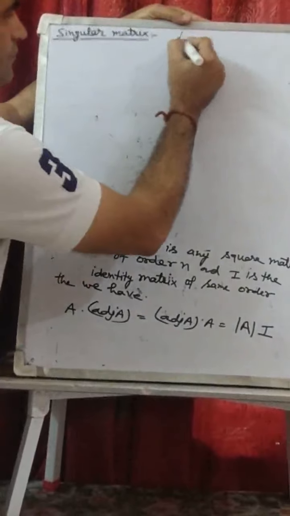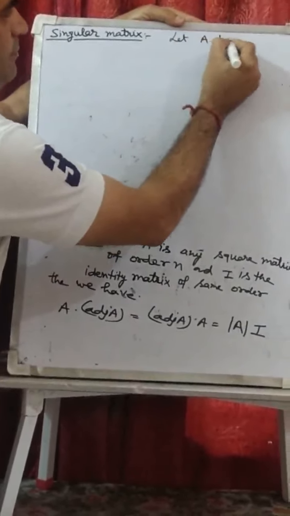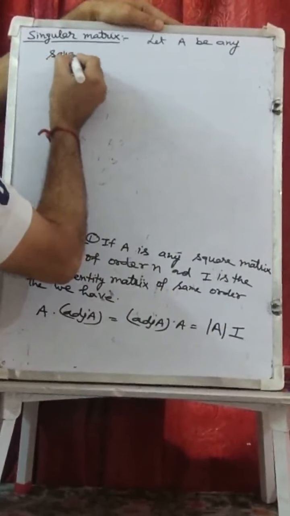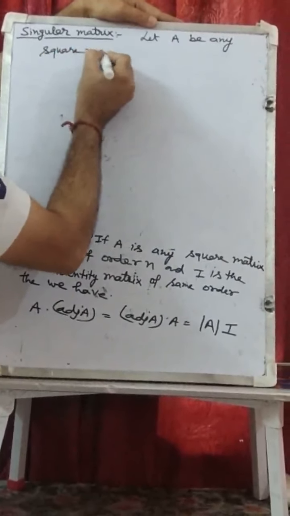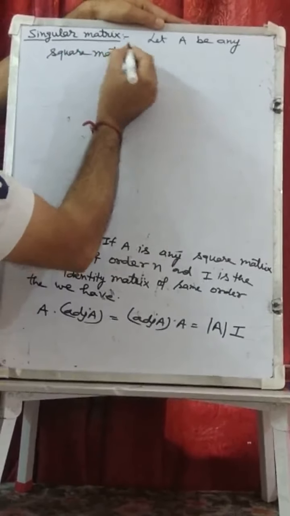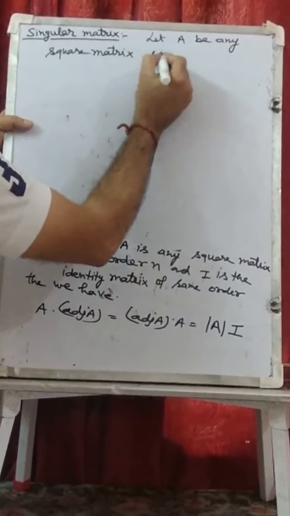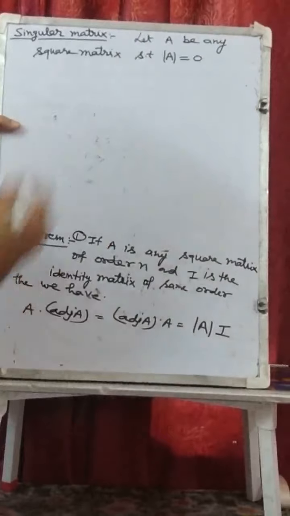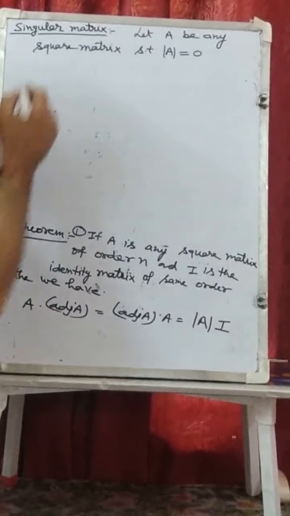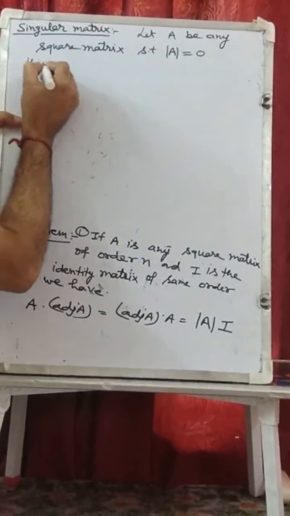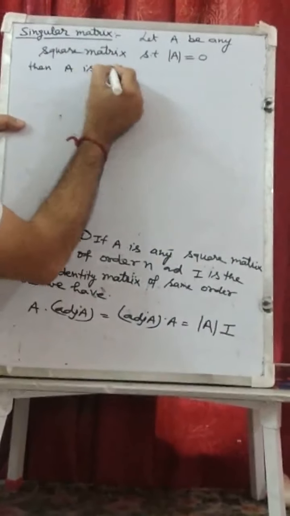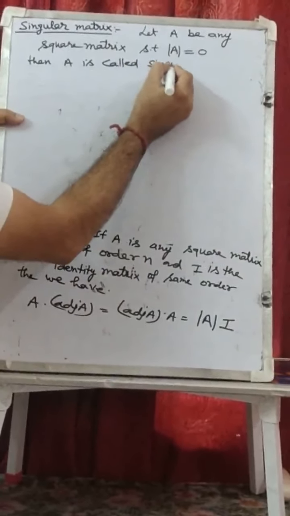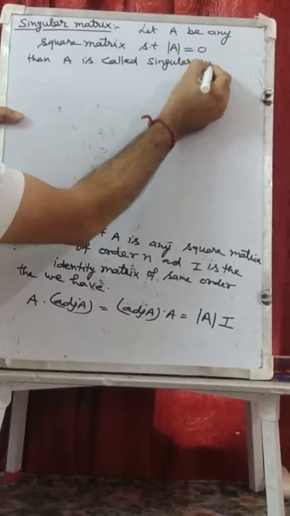Let A be any square matrix such that determinant of A is equal to 0. Then A is called singular matrix.